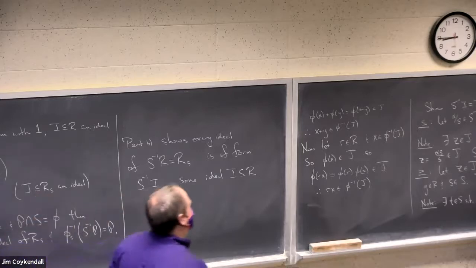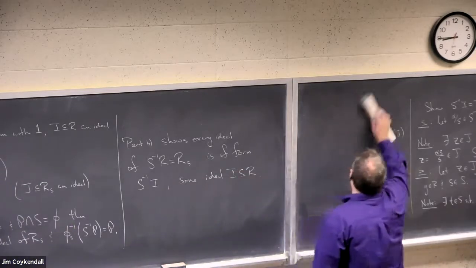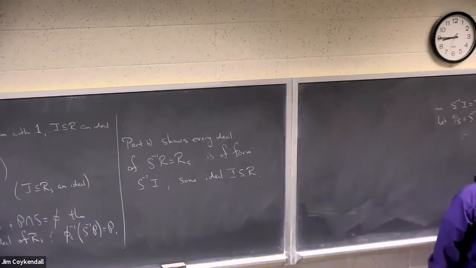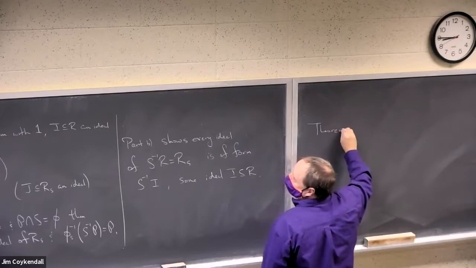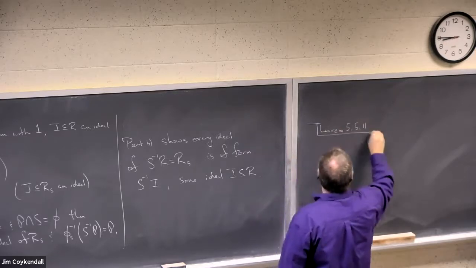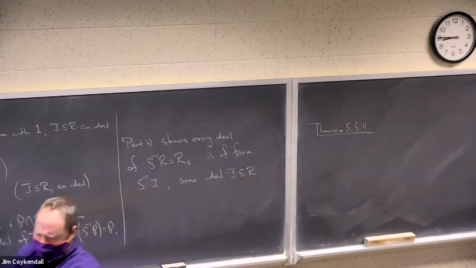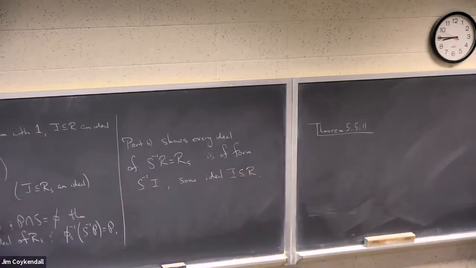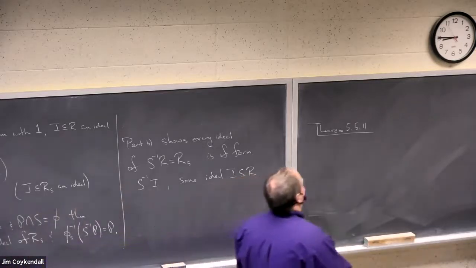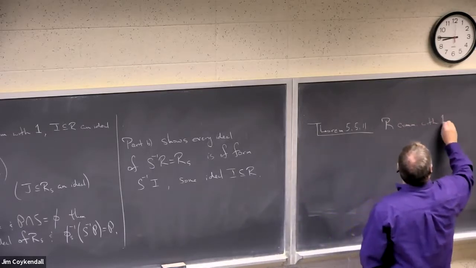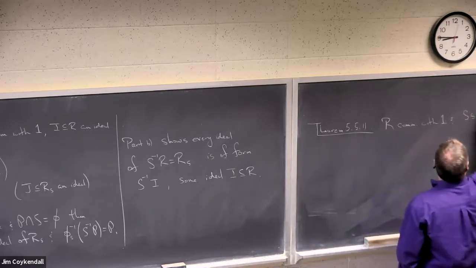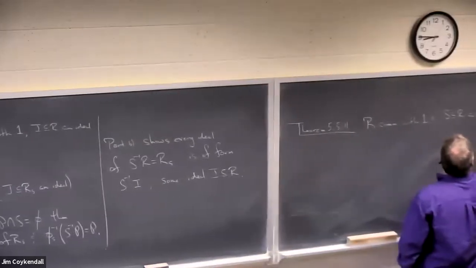So here's a follow-up to that. And this one's a biggie right here. Let R be a commutative ring with identity and S a multiplicatively closed subset.